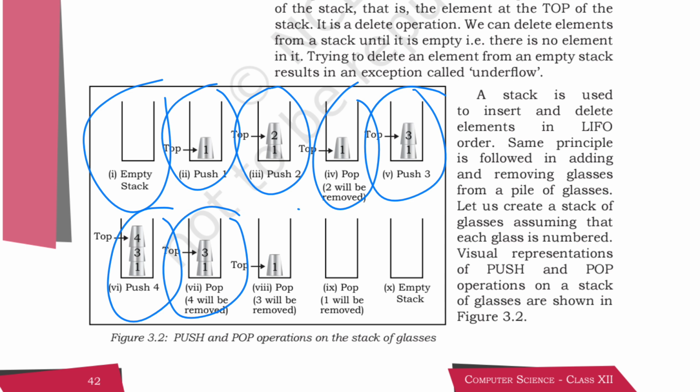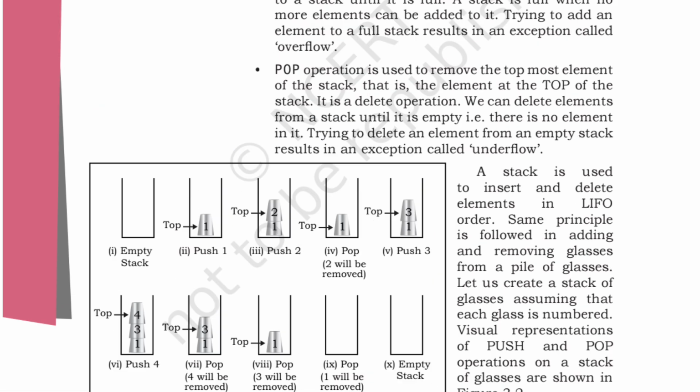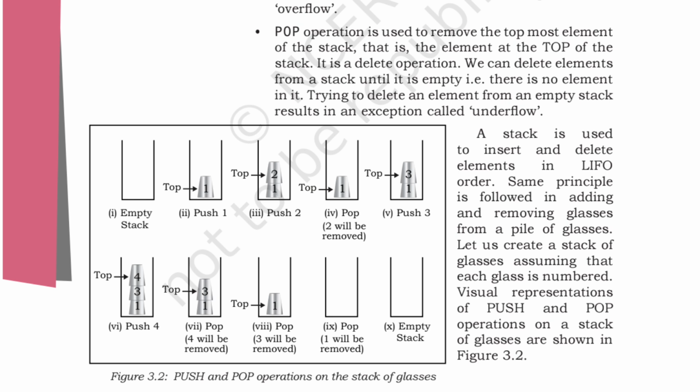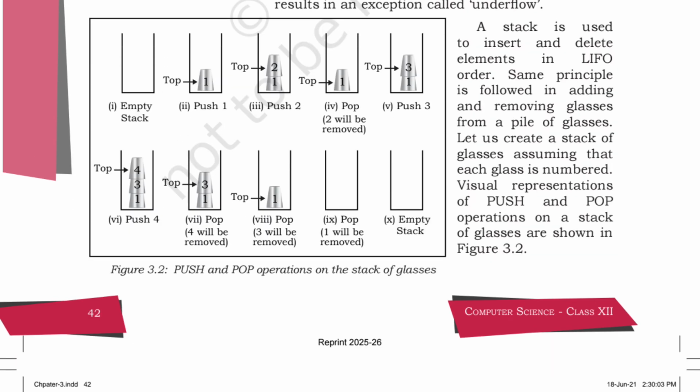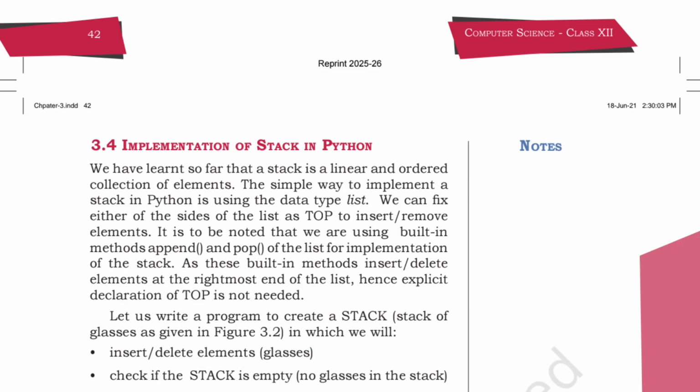Again 3 will be popped. So the remaining one is 1. Then again 1 will be popped, so the stack is empty. Understood? So this is the stack concept. Here we have push and pop operations. Here we are using the LIFO concept, that is last in first out.